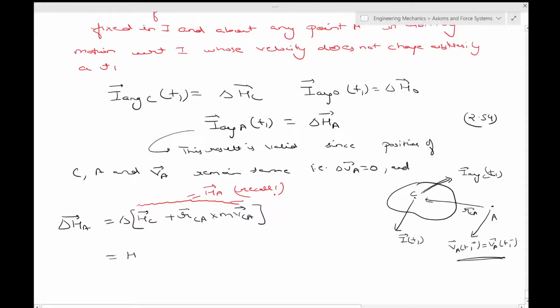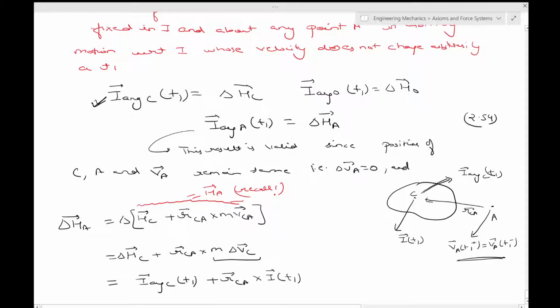This would be delta H_C plus R_CA cross M delta V_C. Now delta H_C, sorry, this should be written as I angular C about t1, plus R_CA cross I of t1.